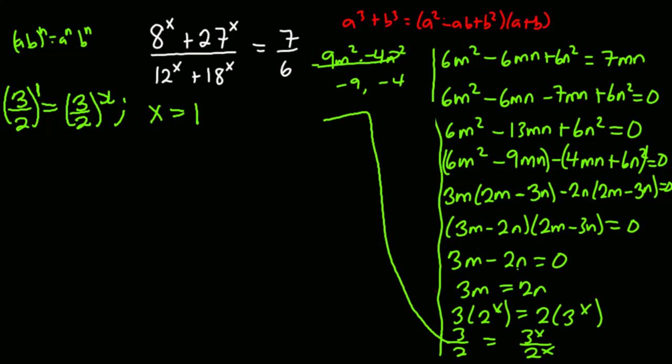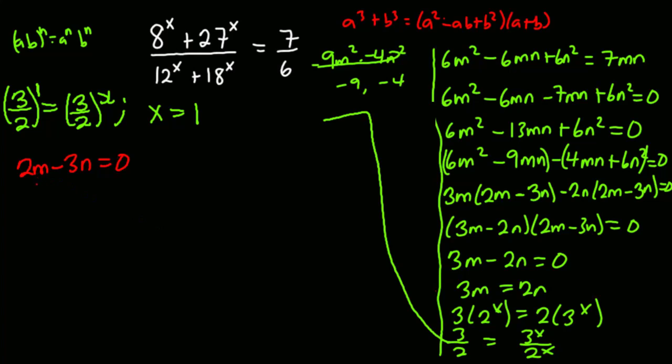Okay. Then also we can see from here, remember we got two factors, which are 3m minus 2n is equal to 0, or 2m minus 3n is equal to 0. So 2m minus 3n can also be equal to 0.